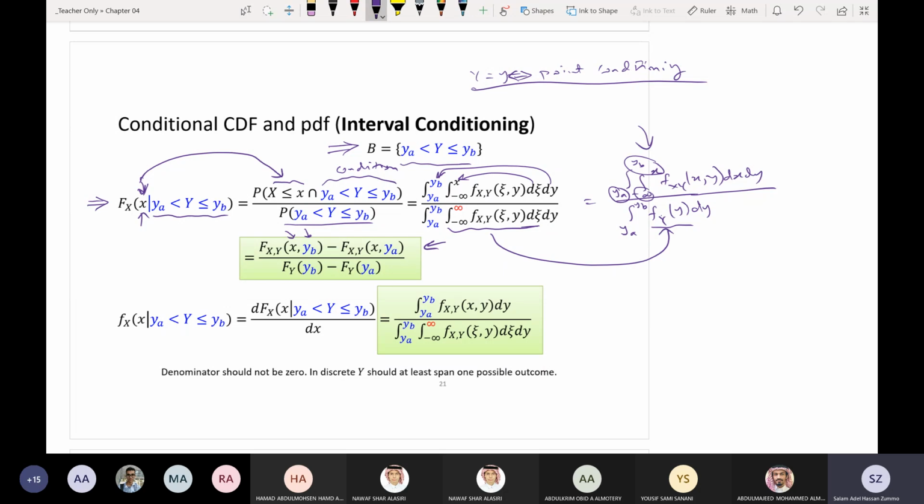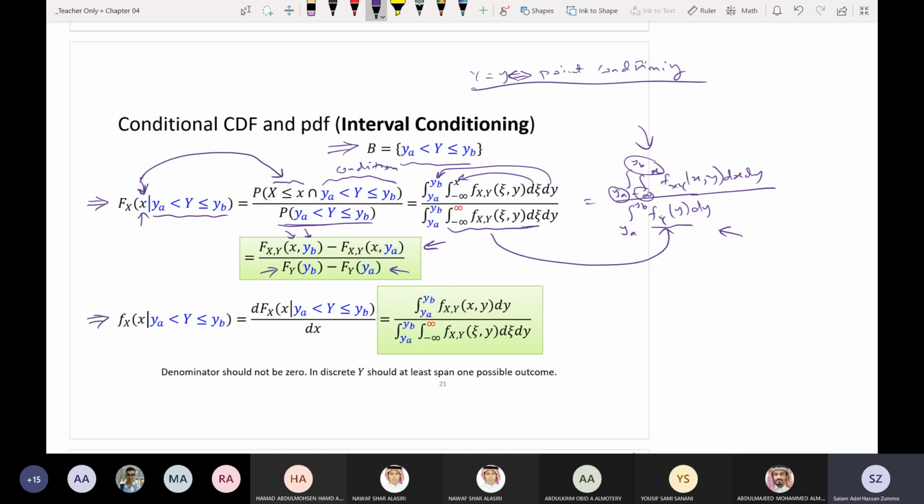Clear, guys? This is divided by the probability that Y is between ya and yb, which equals Fy evaluated at yb minus Fy evaluated at ya. Okay.